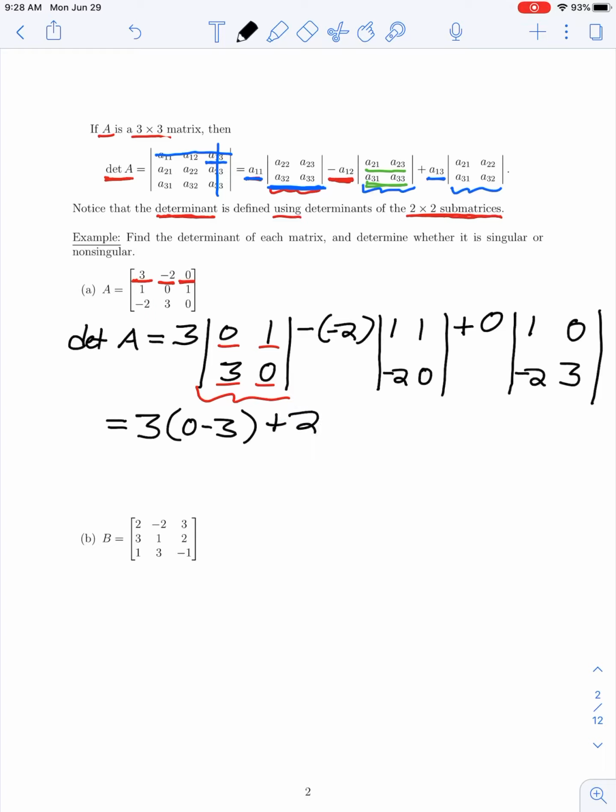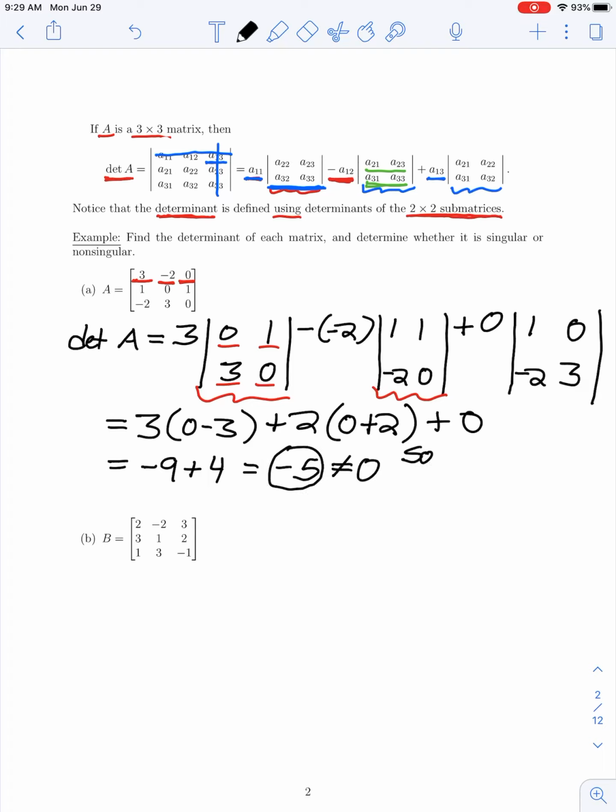Then we were subtracting our negative 2, so we have plus 2 times the determinant of this second 2 by 2 submatrix, which would be 0 minus a negative 2, so 0 plus 2, and then plus 0 times the determinant of that last matrix, which would be 0. So simplifying, we have negative 9 plus 4, or negative 5, for the determinant of this matrix A, which is certainly non-zero. So here, the matrix A is non-singular.